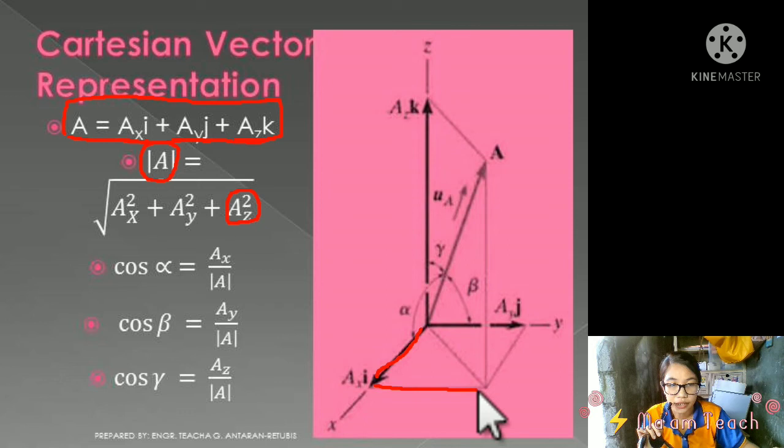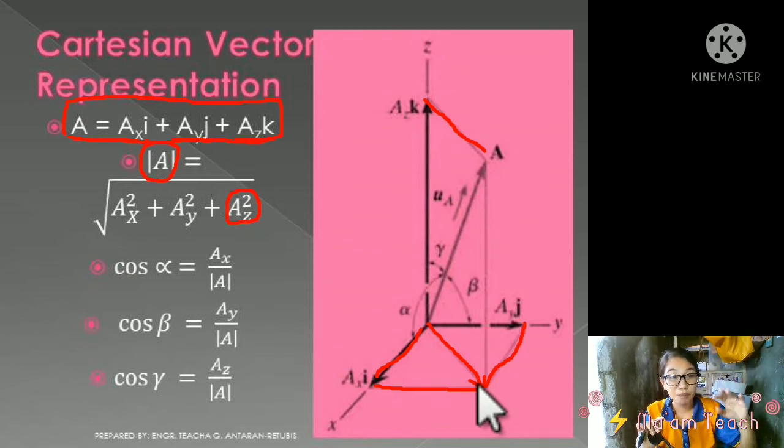And if this is your y component, trace it here. And while this is your z component, you trace it there, for example. So you have to intersect the three components. You first intersect the x and y, which gives the resultant, this one. After that, you have to lift it up if it is at the positive axis, depending on the magnitude of your z component.